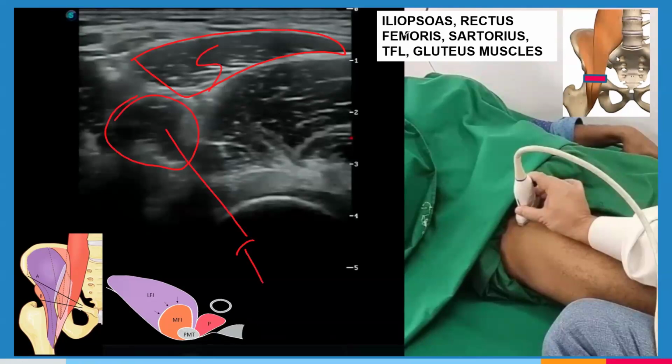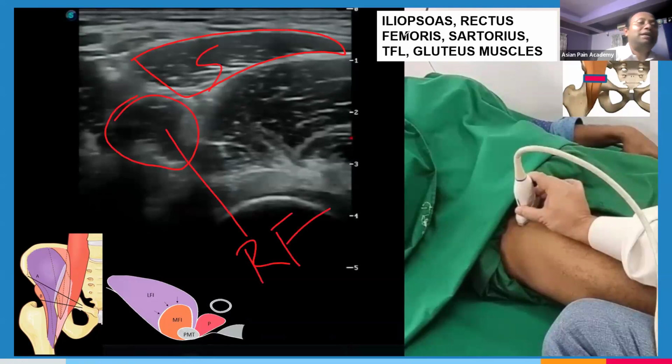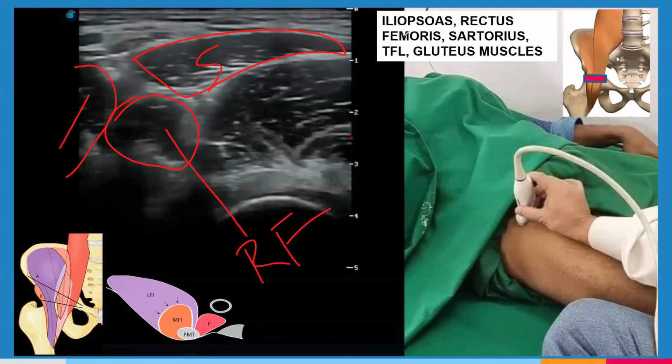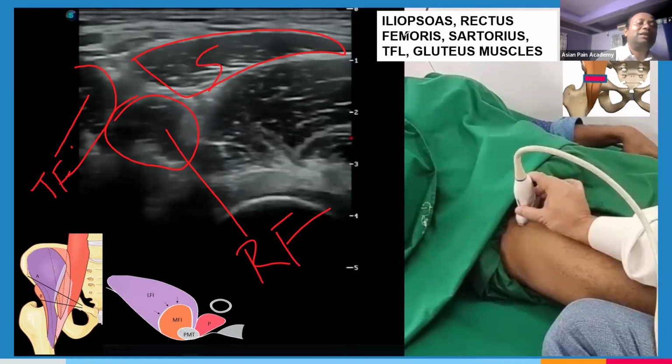Anyone can say what is this muscle? Rectus femoris. And this muscle, what we are seeing? Tensor fascia lata. Okay. So what can we search here?